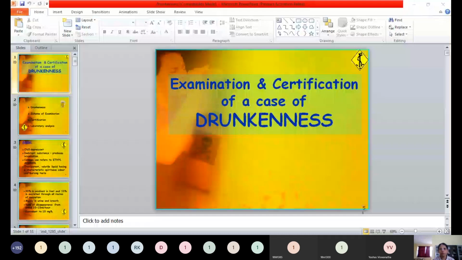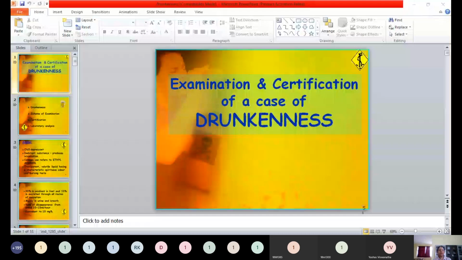There are many medico-legal cases involved in this. One is drunken drive, second drunken crime, and other cases we come across associated with drunkenness.